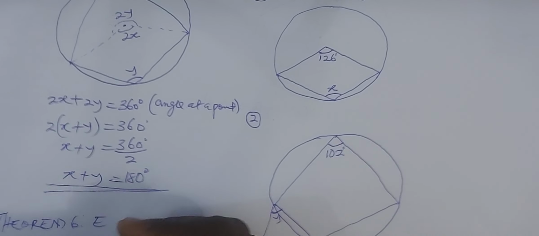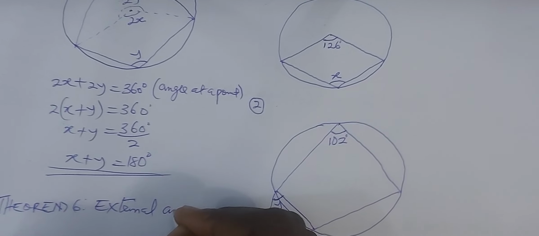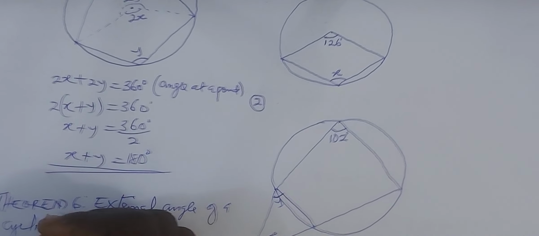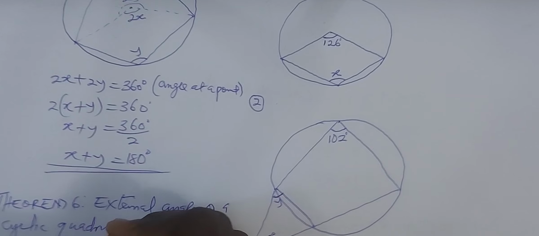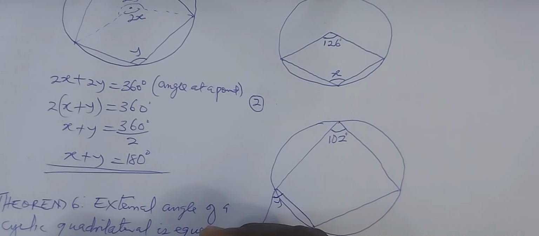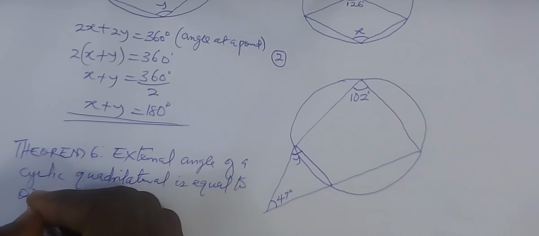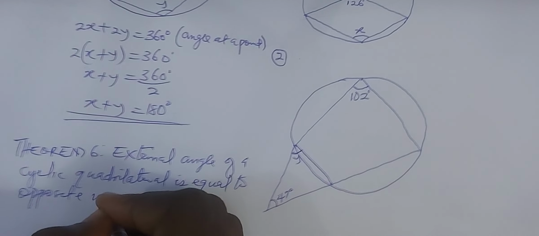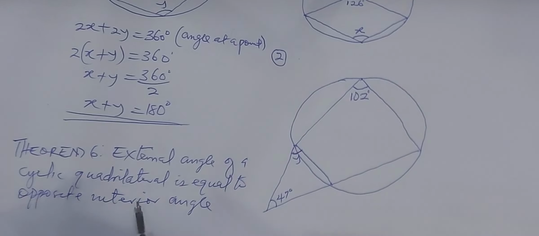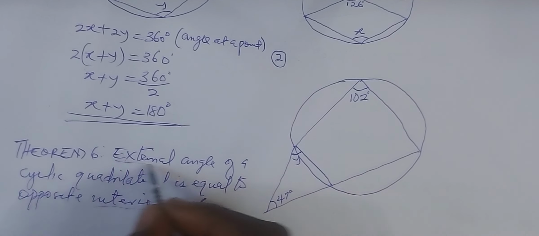That the exterior angle of a cyclic quadrilateral is equal to the opposite interior angle. This is another theorem. The exterior angle of a cyclic quadrilateral is equal to the opposite interior angle. So these angles are equal.